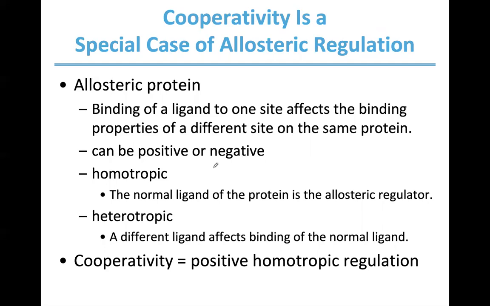You can have an allosteric protein which is homotropic, so the normal ligand of the protein is the allosteric regulator. Can you think of a homotropic allosteric protein? Give me an example of a homotropic allosteric protein.